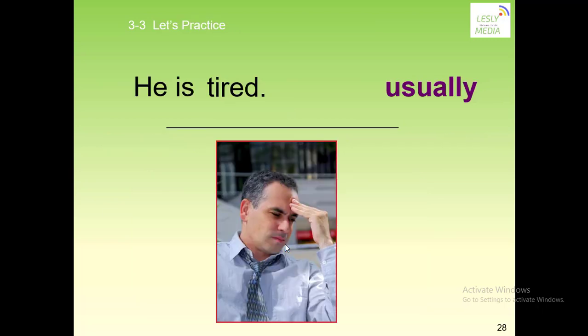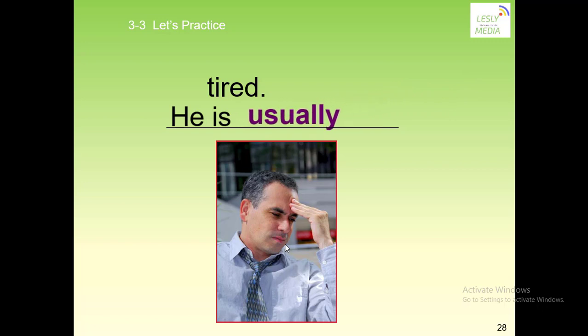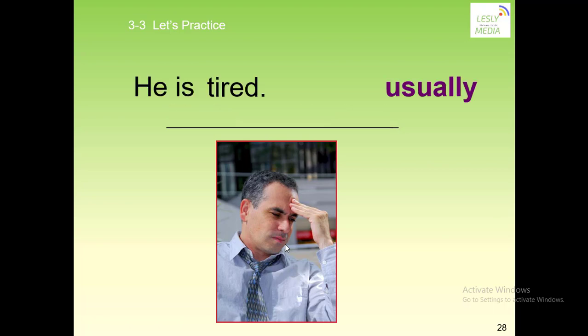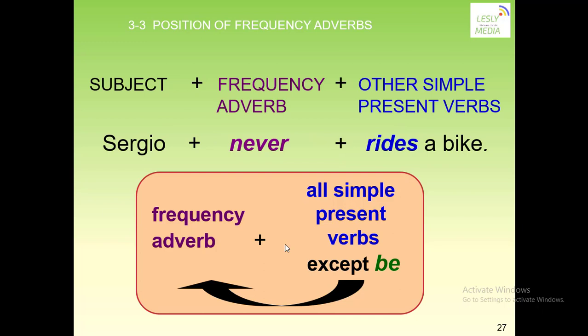Okay, can you arrange these words to become a complete sentence? He is tired, blah blah. You can arrange it. He is usually tired. Because it is subject, frequency adverb, and the rest.